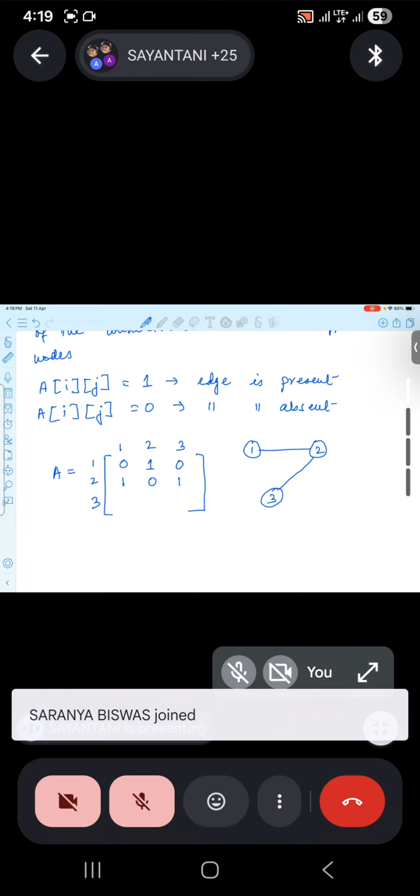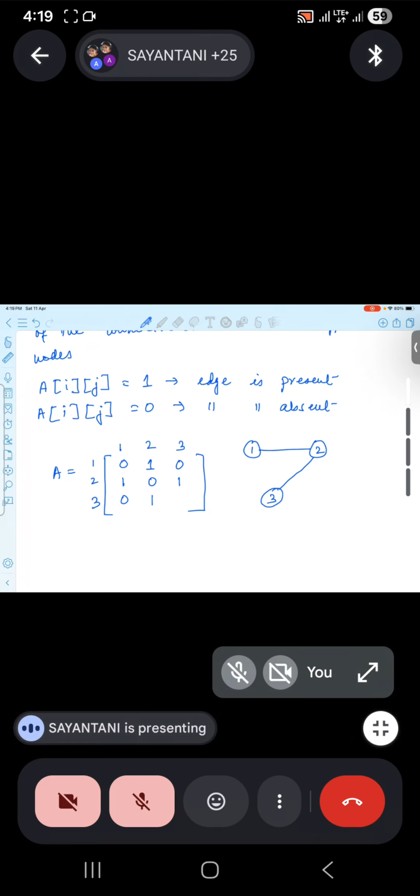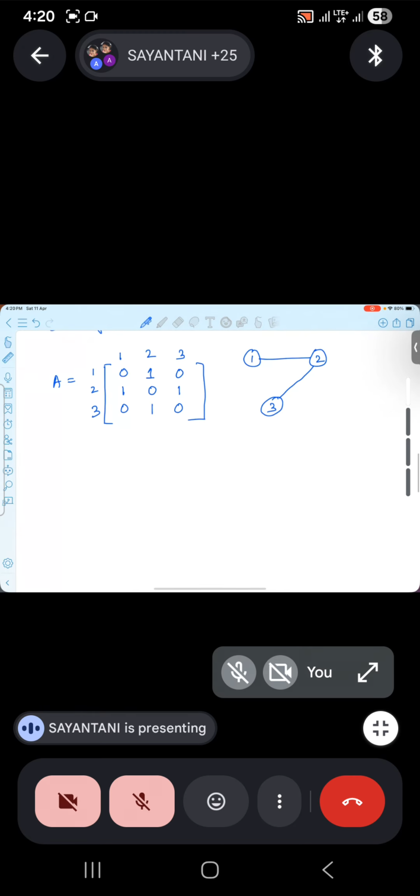Again 3 and 1, no. 3 and 2, yes. 3 and 3, no. So this is an adjacency matrix. If you have a weighted graph or a directed graph, accordingly you can just put the weights instead of binary weights. You're going to have some values like 0.5, 0.4 and so on, right? Now, of course, in graphs, we also have a concept of self loops.